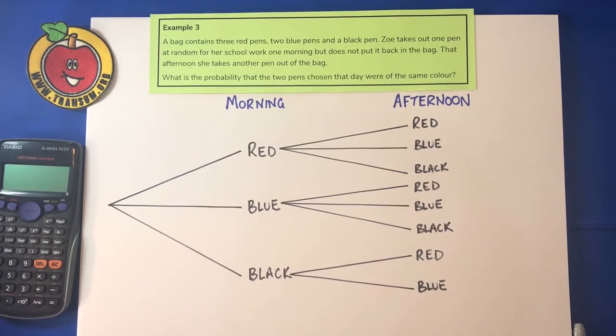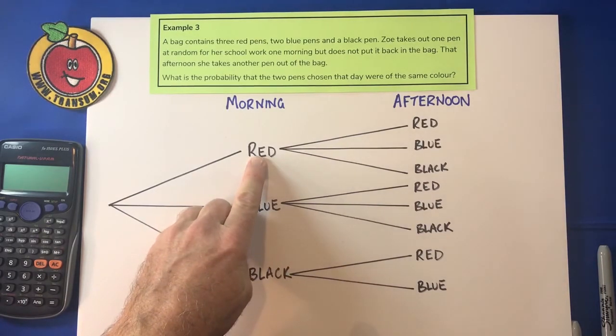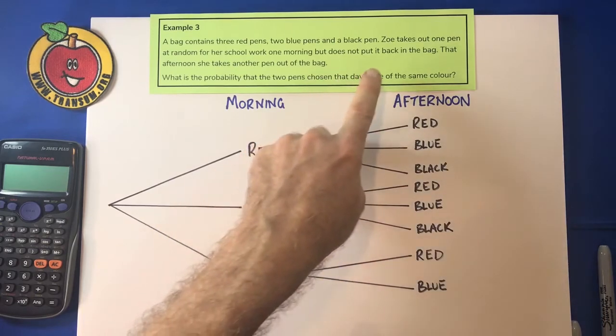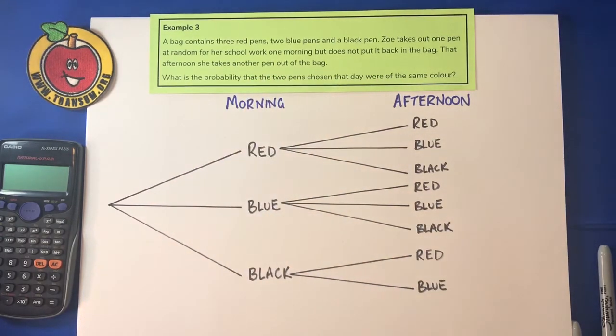Right, so now we need to write on the probabilities. So I think there are 3 red pens, and altogether there are 6 pens in the bag.